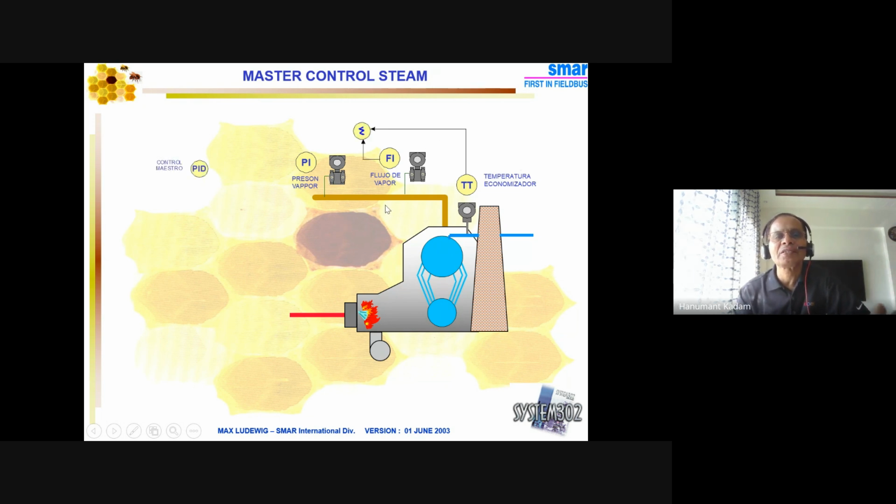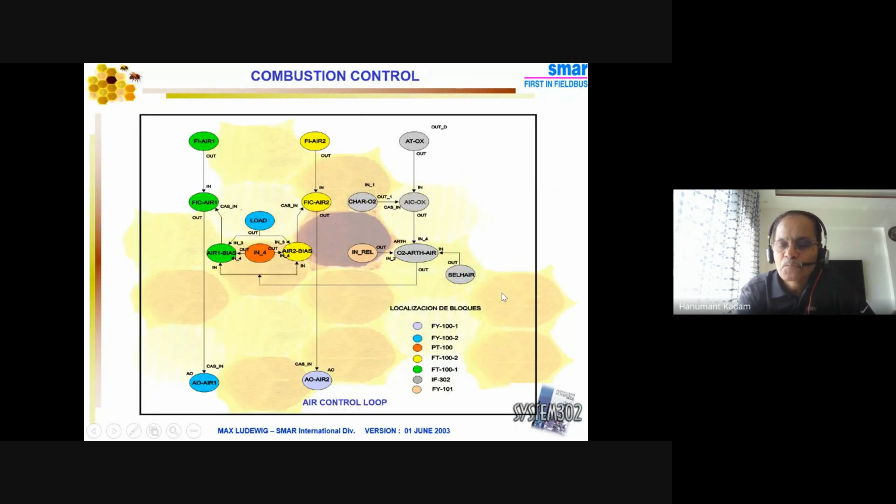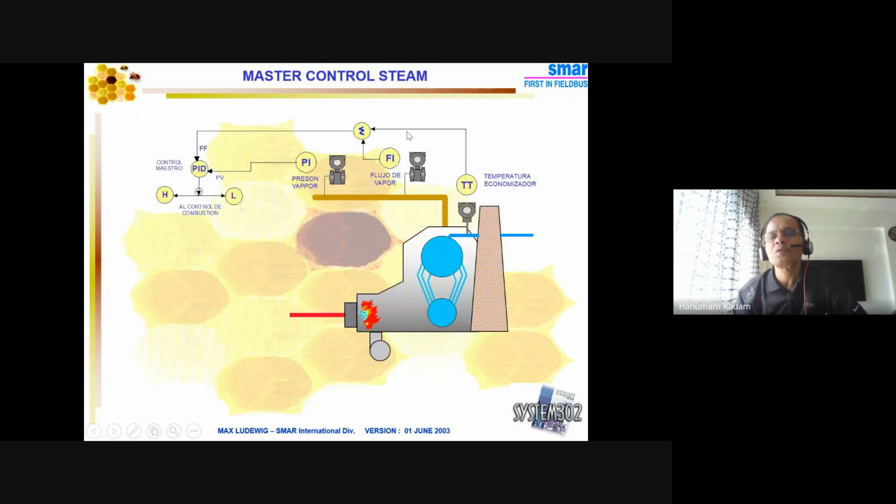And then you can see the control philosophy used here. I'll just complete the slide. You see how it is cascaded together. This way the final steam is controlled, the steam flow is controlled. You see three parameters here: temperature, flow, and pressure.